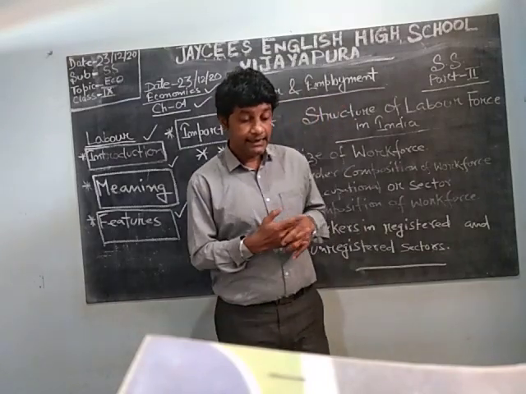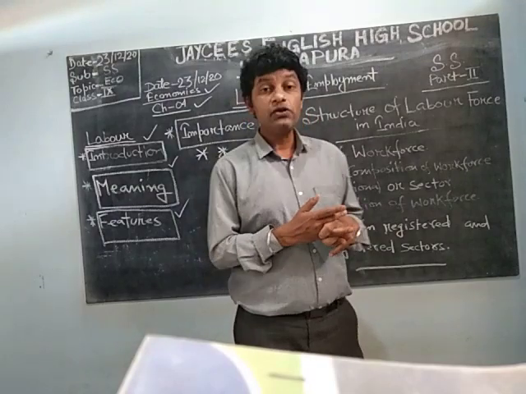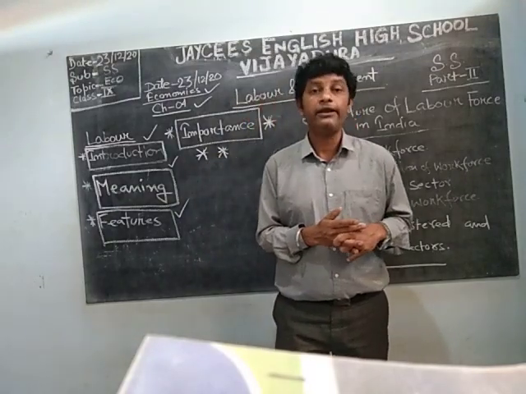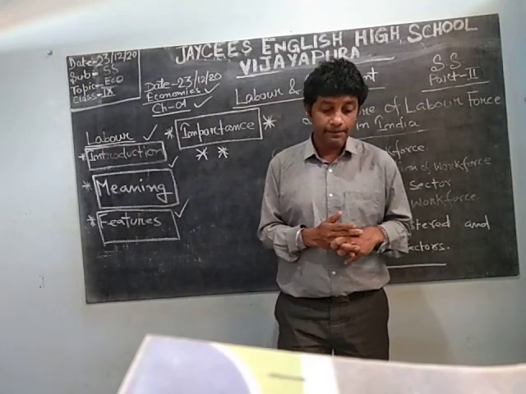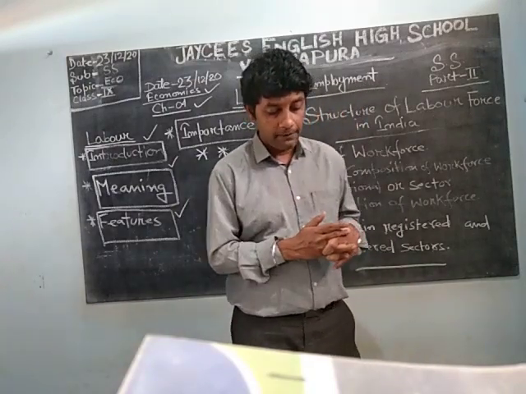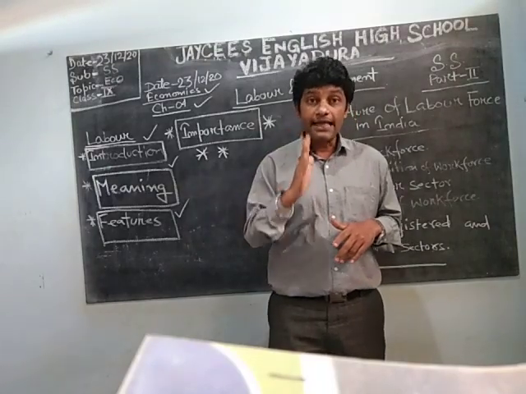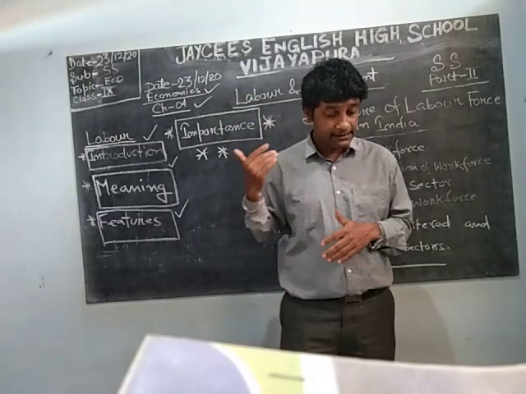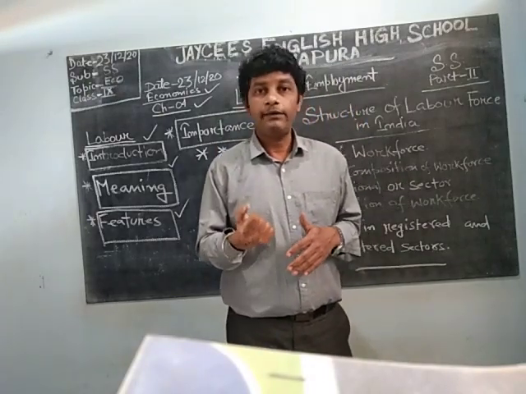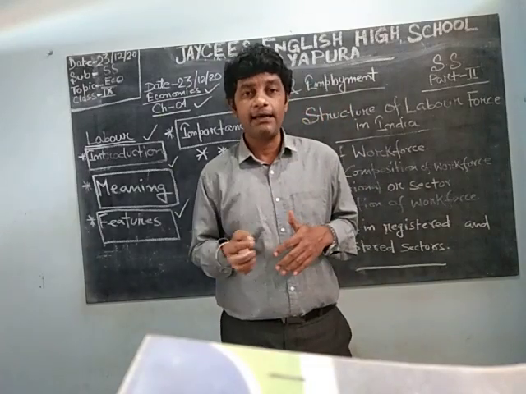Now, India is said to be enjoying the demographic dividend. What is this demographic dividend? I told you who the workers are: the age group between 15 and 60 years.